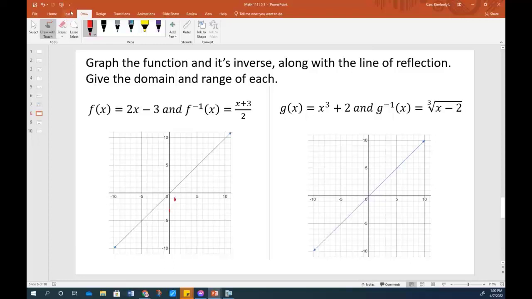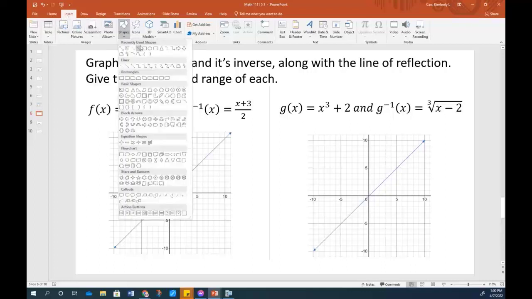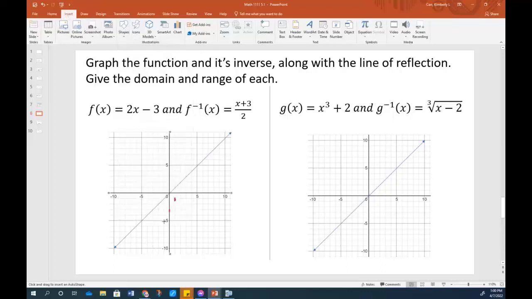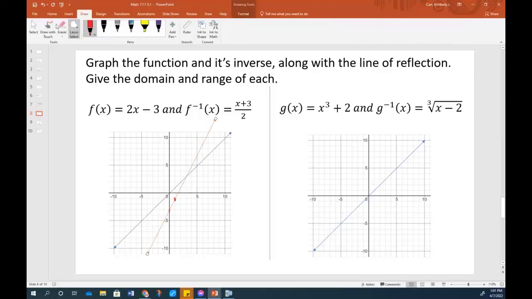And now, again, since it is a line, I can go back and insert that equation, and I will write that down. So this one is the 2x minus 3.